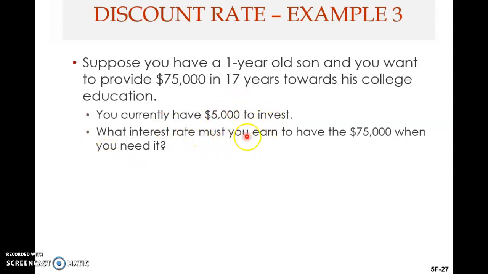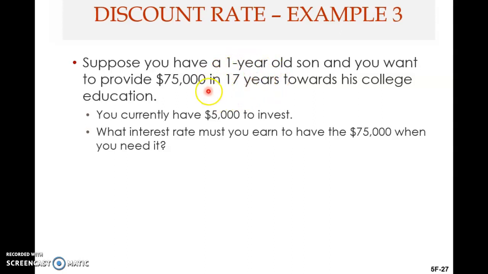What interest rate must you earn to have the 75,000 when you need it? Note this, here the son is 1 year old, but you invest now, and it says you need 75,000 in 17 years. That means in 17 years, it has nothing to do with the age of the son. So it is 17 years from now.